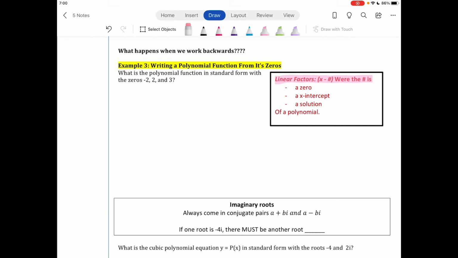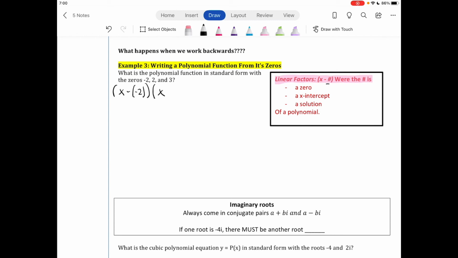So if we want to know what the polynomial function is in standard form that has the zeros negative 2, 2, and 3, we need to substitute these in place of this number inside a set of linear factors. So we would have x minus, then we're going to plug in a negative 2. That's our first linear factor.